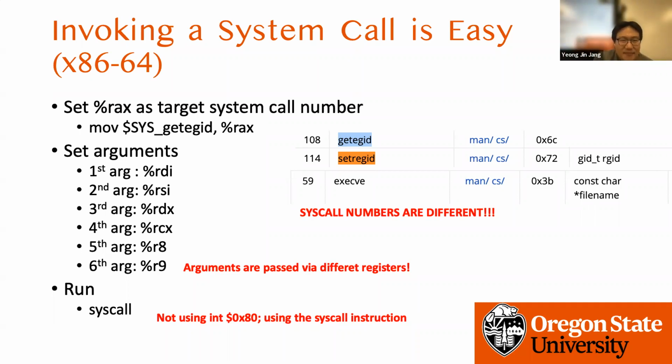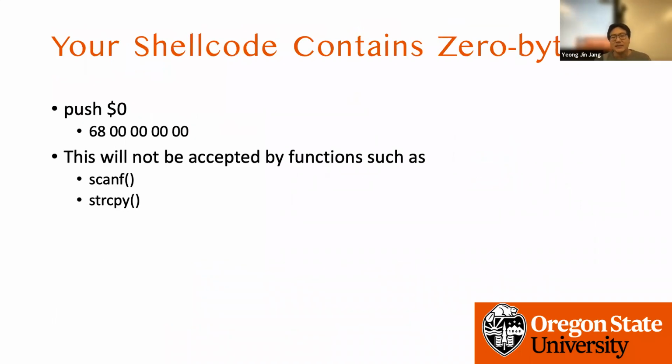The rest of the things are very similar, but in this case you will have 8-byte blocks for pushing the registers. The important thing here is that there's no 8-byte push in the 64-bit architecture. I know this is very weird.